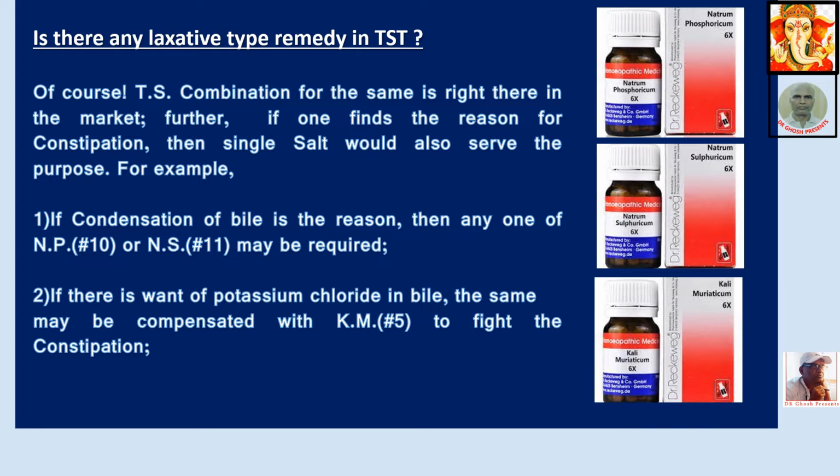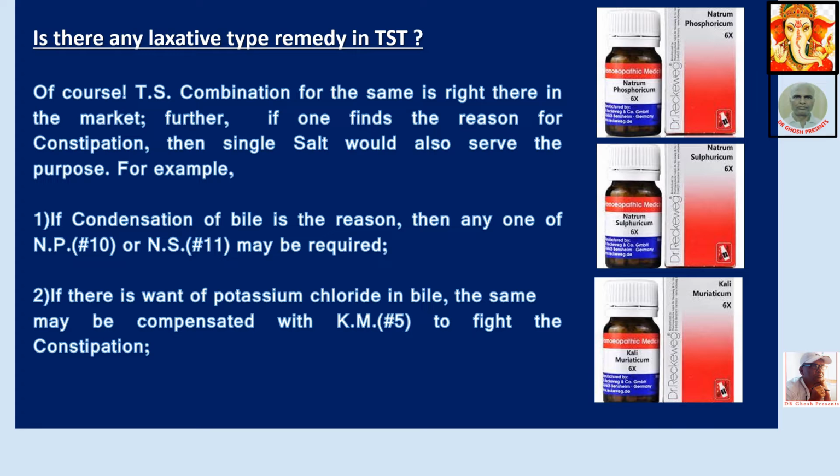For example, number 1, if condensation of the bile is the reason, then one of these two salts, that is natrum phos, salt number 10, and natrum sulph, salt number 11, may be required. If there is condensation of bile, that is bile is condensed, so constipation ensues.